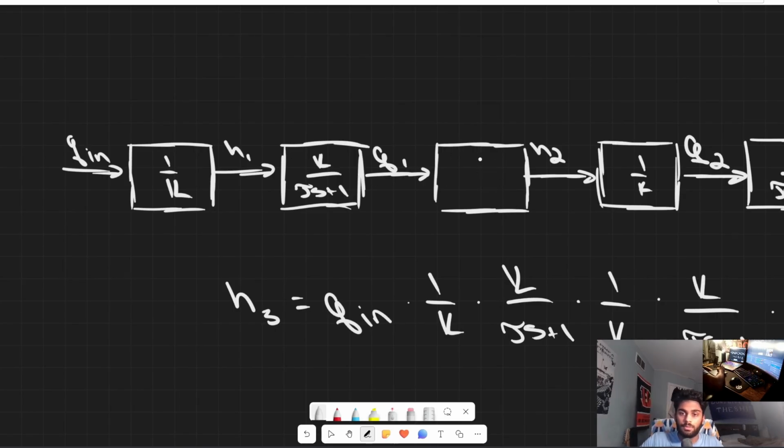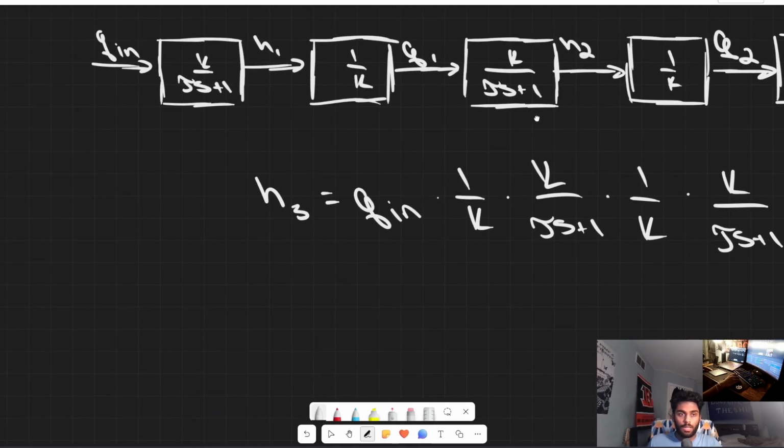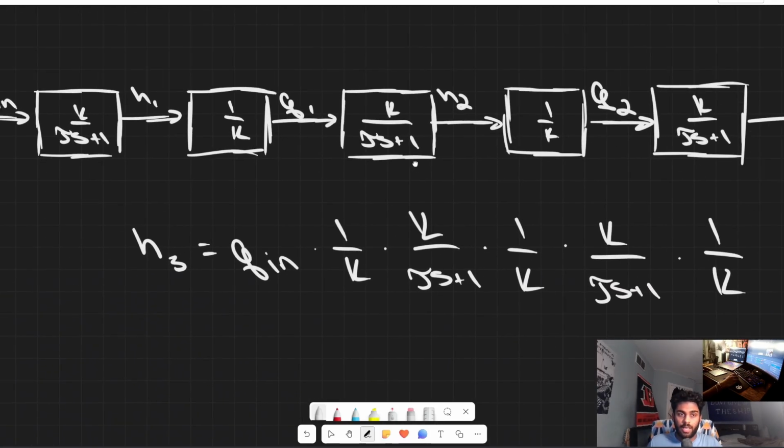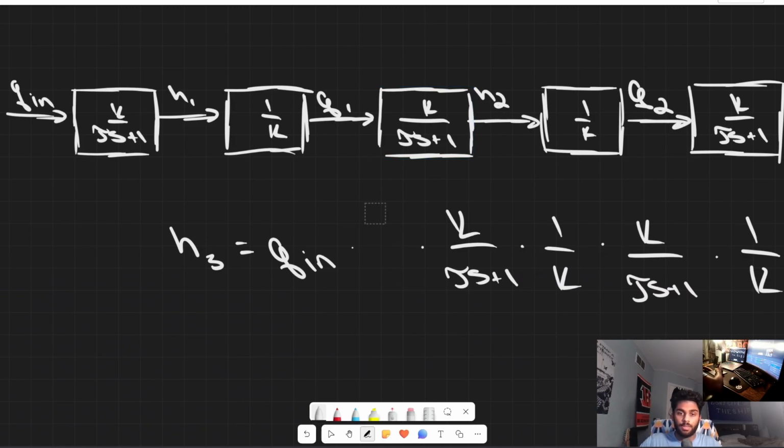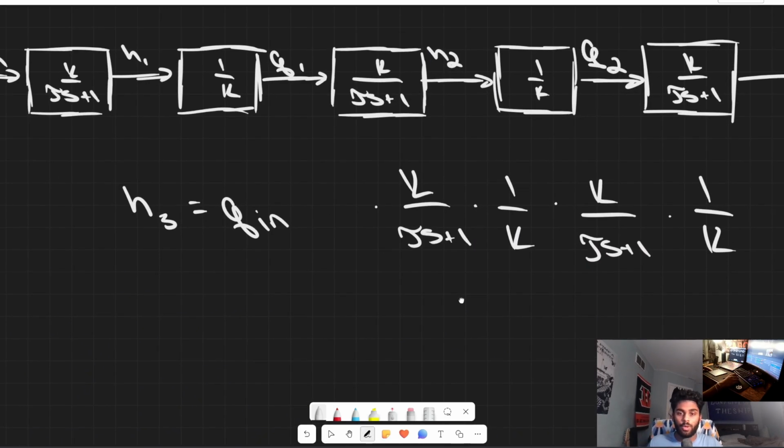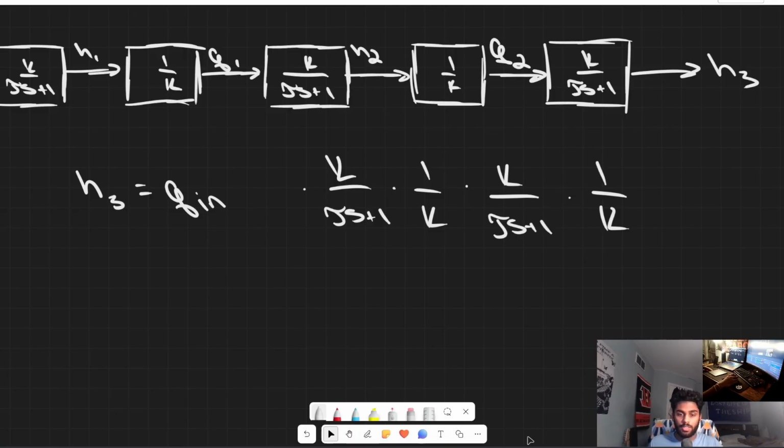And then K over tau S plus 1. 1 over K. Then K over tau S plus 1. Now that makes a little bit more sense. So really what ends up happening is we start with K over tau S plus 1.